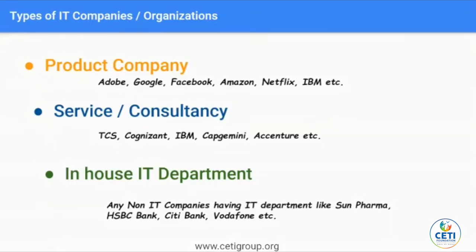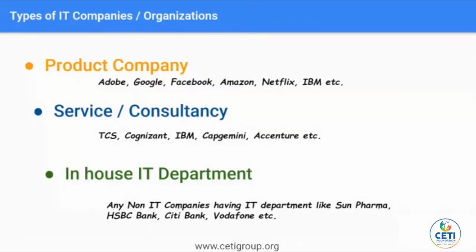They have their own department that takes care of all the IT implementations. They can in turn take help of any consultancy, because it will not always be in scope for them to implement very big solutions or enhancements using their own resources, since IT resources are very few compared with services and product companies.